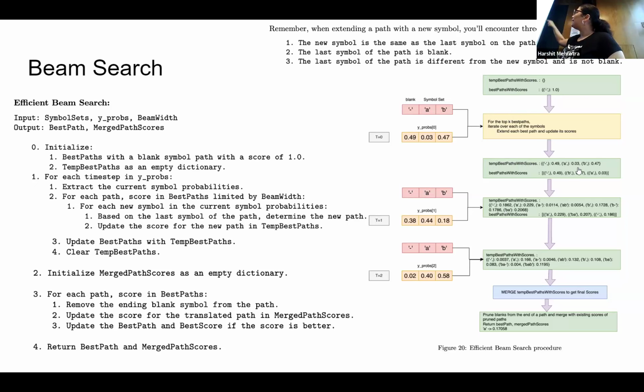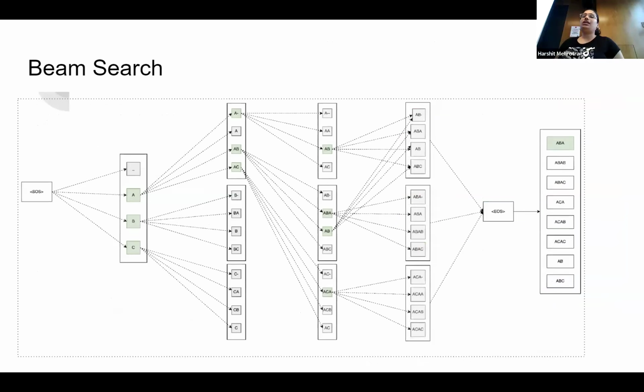Now, in the next step, for each of blank, A and B, you would essentially append A, blank, A, B, A, C. Similarly for B, similarly for C. And then out of all these, you'll find the top 3 paths because our K was 3, which is why you see in the next step, we only consider these 3 because they had the top 3 probabilities. And then this keeps continuing along for each time step until you get your final path with the maximum score.